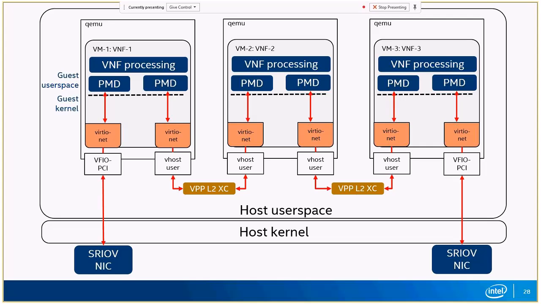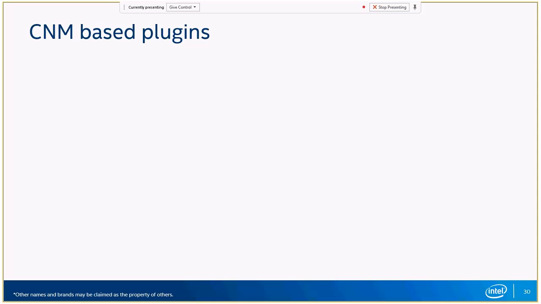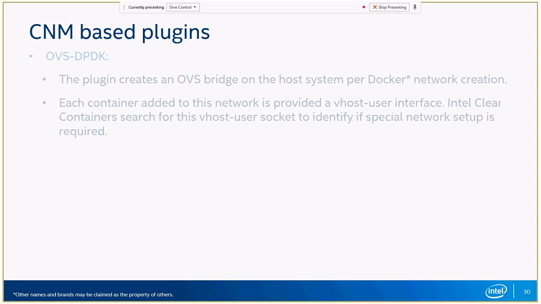So what I'm going to show you over the next few minutes is, because Slave containers are now also VMs, a way to construct these sorts of pipelines using a combination of Slave containers, SR-IOV, and VPP. Just to show how you can do this, we have created a set of plugins.